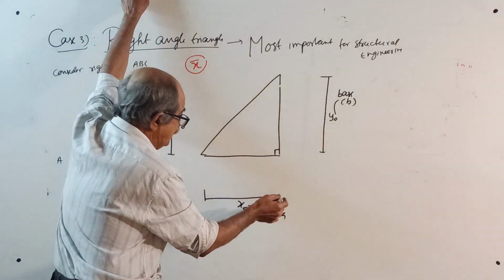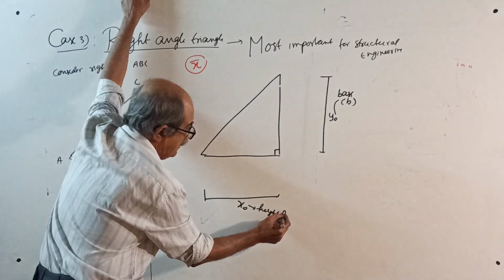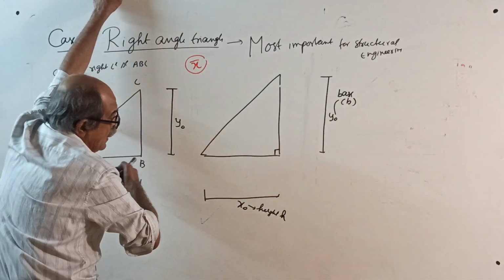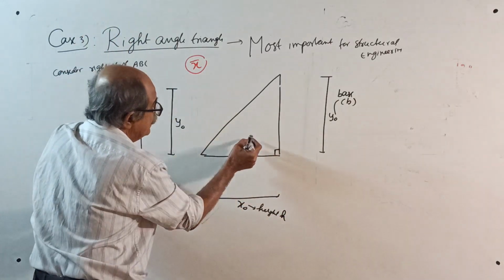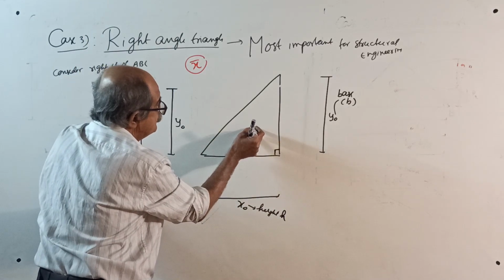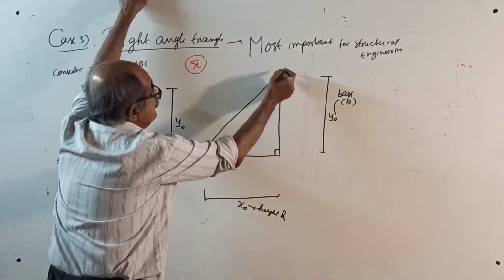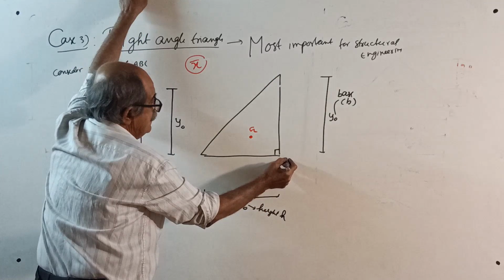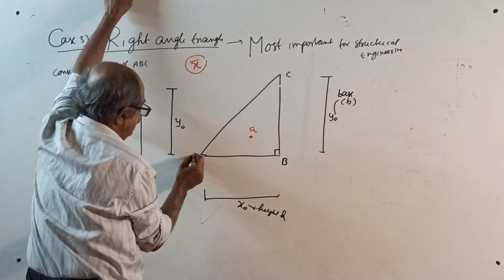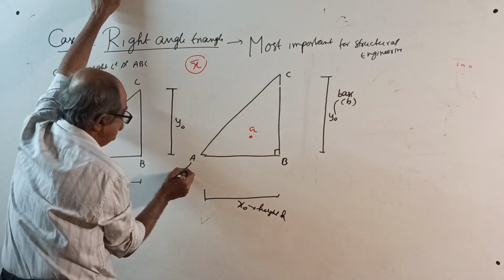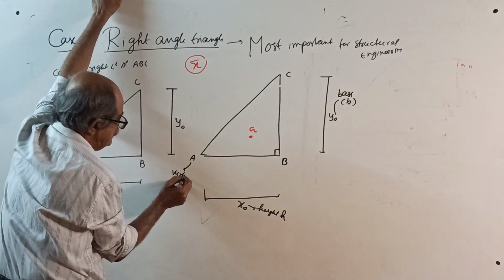Now, in that case, if you call this as height h, then along the height, I told you, centroid will be here. See, centroid G. This will become base for you. See, this is B, this is C, this is A. Now, if that is the base, this A will become vertex.